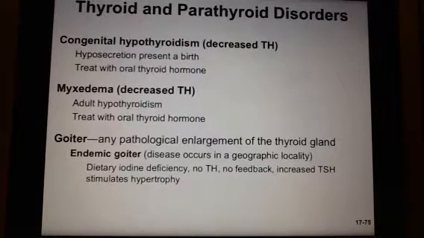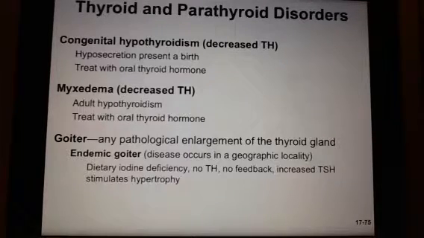Some other thyroid and parathyroid disorders. Thyroid disorders are very common. So congenital hypothyroidism is hyposecretion present at birth. The children can have oral thyroid hormone. But you could also have adults with hypothyroidism, and again, you can treat that with oral thyroid hormone.